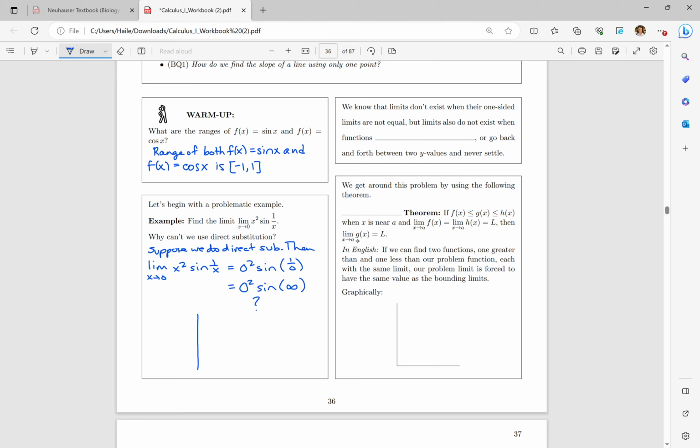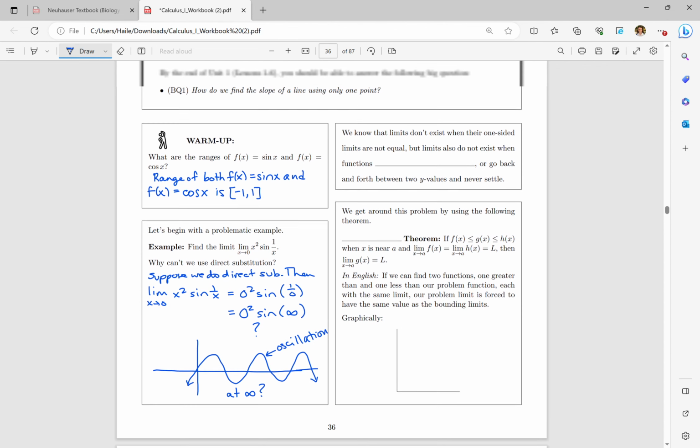To better explain that, if we think about the graph of sine, it goes up and down like this. So at infinity, we don't know. We call this oscillation, when your y value goes up and down between two values and never settles on a single value.